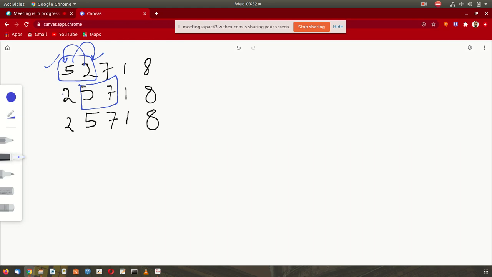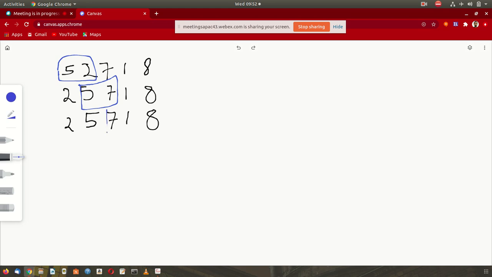That is why 2 is coming on the left hand side, 5 is coming on the right hand side. Now next time 5 and 7. Now in 5 and 7, 5 is already on the left hand side, 7 is already on the right, so we don't make any change.